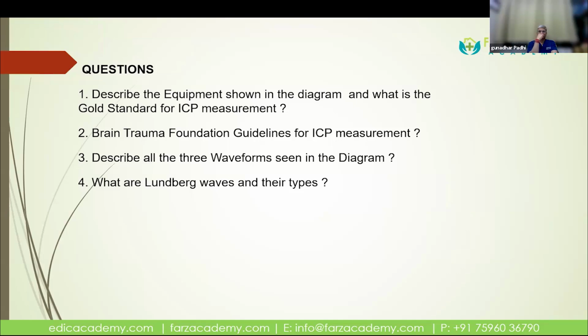Patients with subarachnoid hemorrhage, and mild to moderate trauma with GCS less than 13 as well. Any severe trauma is an indication for ICP management if the patient is not conscious. If mild to moderate trauma with GCS less than 13, usually this is an indication for ICP management.